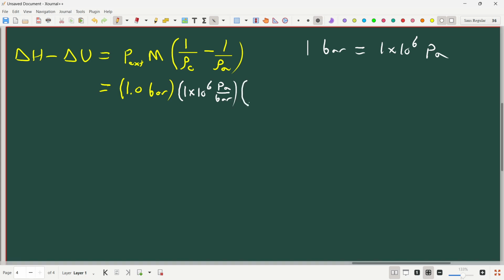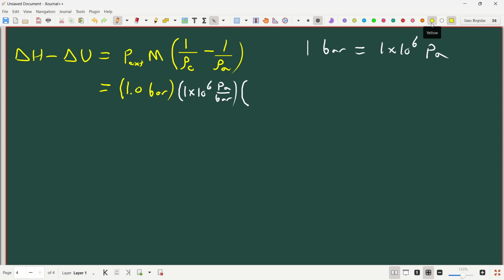All right, we calculate that in terms of the molar mass. We need the molar mass. The molar mass of calcium carbonate I know by heart because it's really, really easy to remember. It's exactly 100.1 grams per mole.